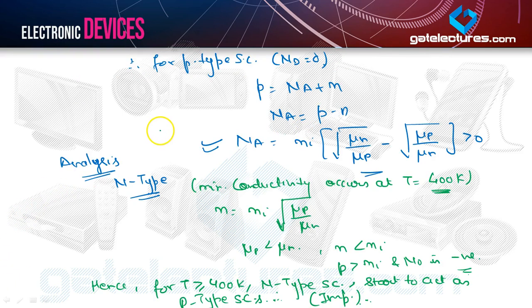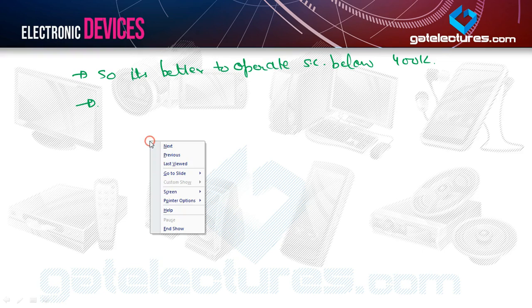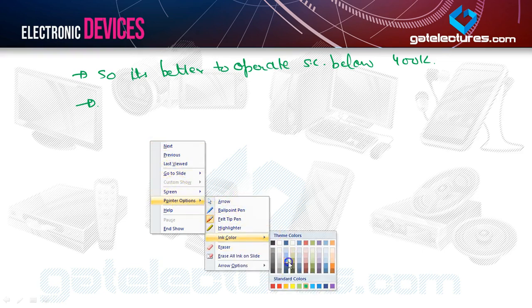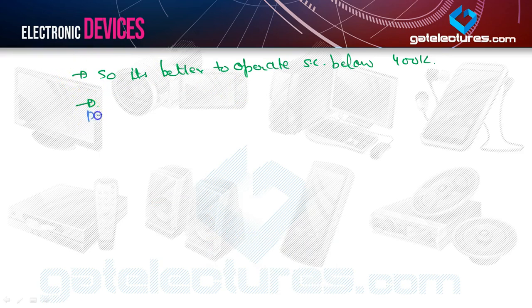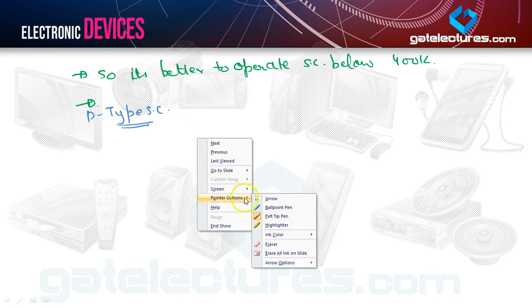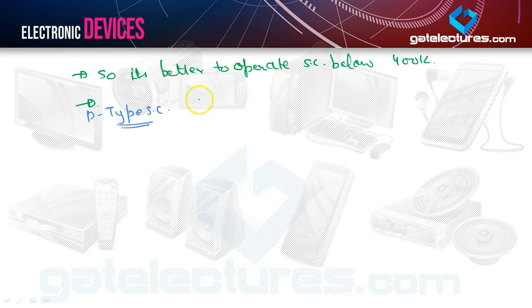Okay, so let's now have a look at the second case, which is for the p-type semiconductor. So what happens when sigma is minimum? So this is when sigma is minimum.